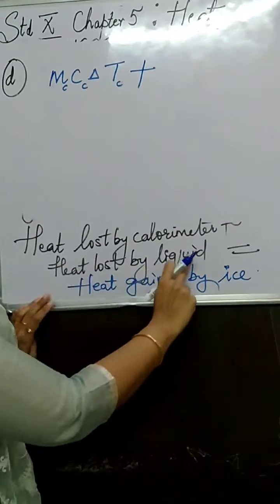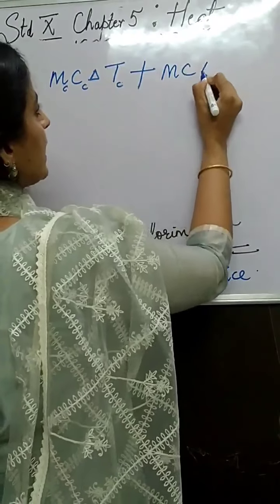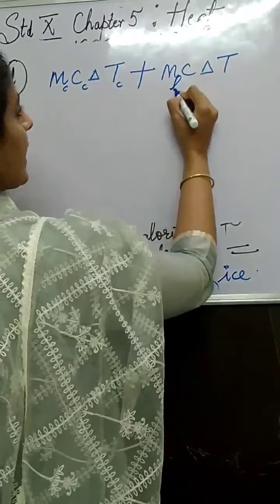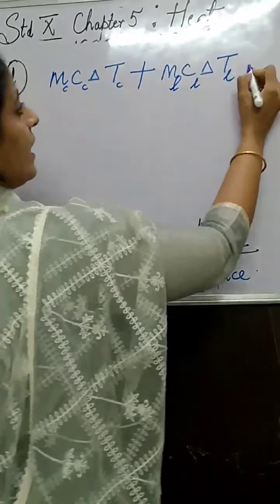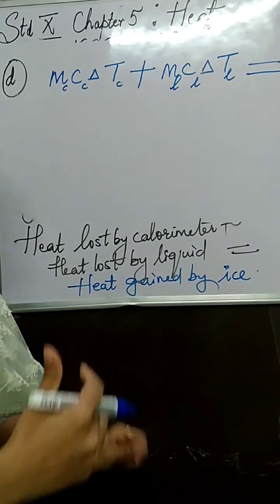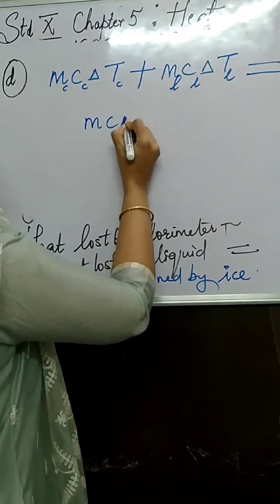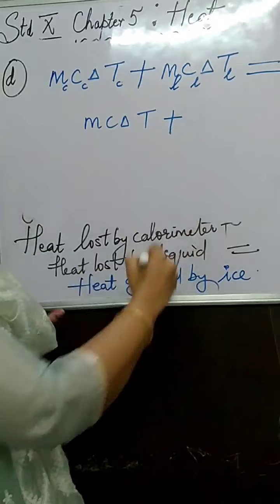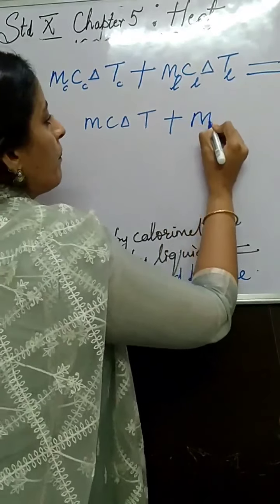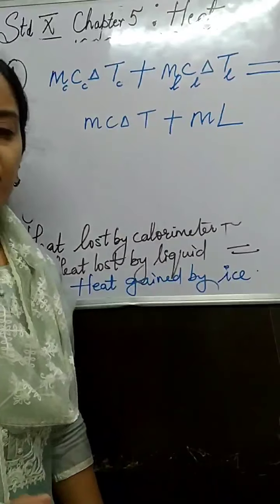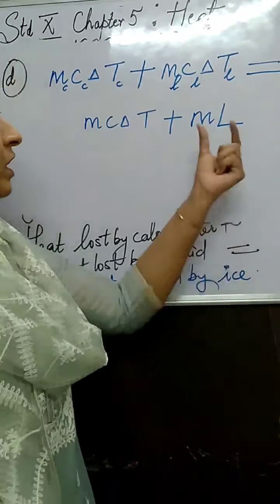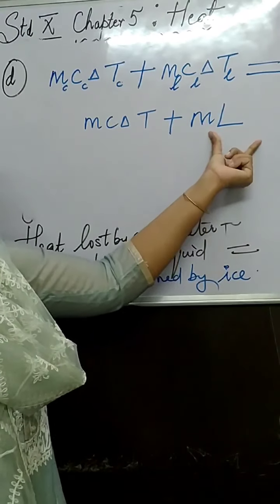Plus for liquid again MC delta T. Here state is not changing. For liquid write L is equal to heat gained by ice, MC delta T plus ice is getting converted into liquid, so mL. Latent heat of fusion. Ice is getting converted into liquid, so latent heat of fusion will be introduced here.